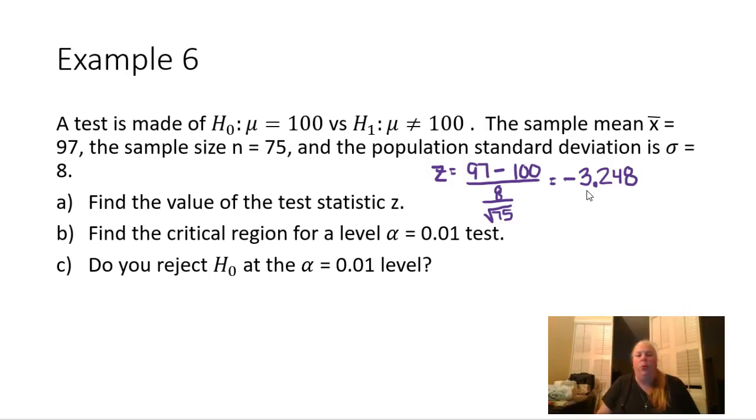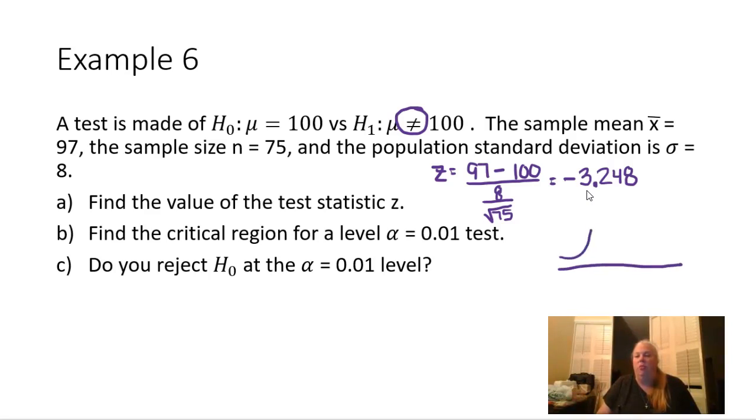Now we want to find the critical region for a level alpha is equal to 0.01 test. Now, we have a two-tailed test here, which means we're going to have to take the alpha and put half of it on the left side of my curve and half of it on the right side of the curve. So let's take a look at this.